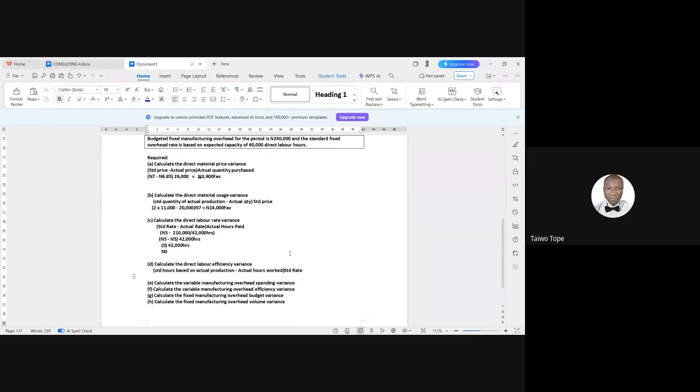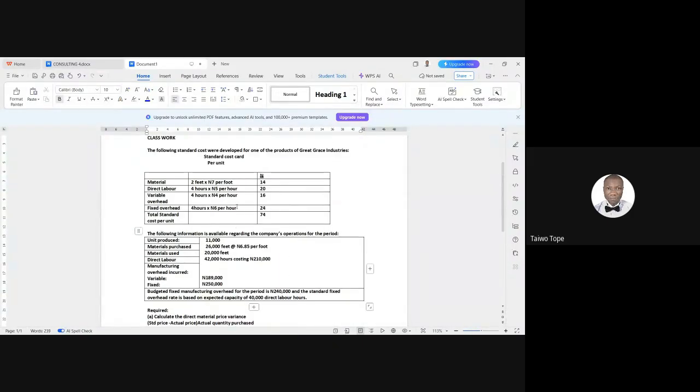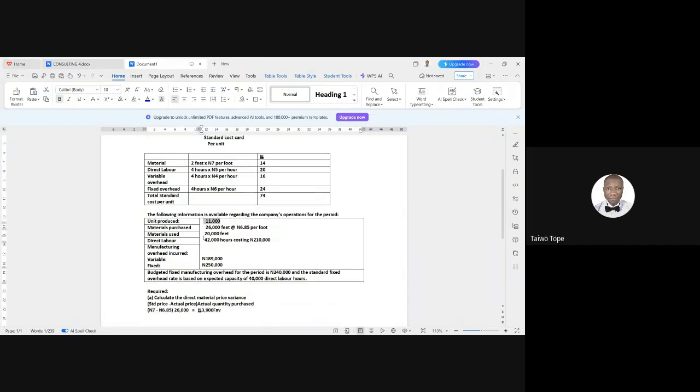Okay. So standard hours based on actual production. From the question, the standard hours is what? 4 hours. In relation to what? To the actual production. The actual units produced is what? 11,000.